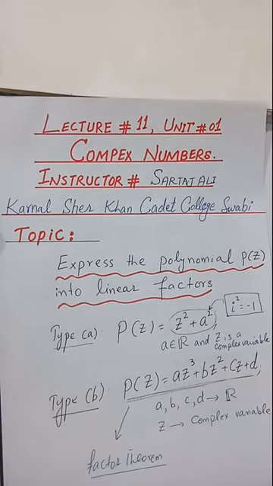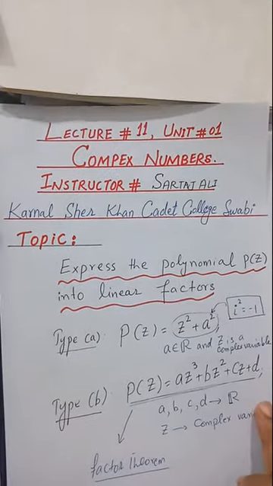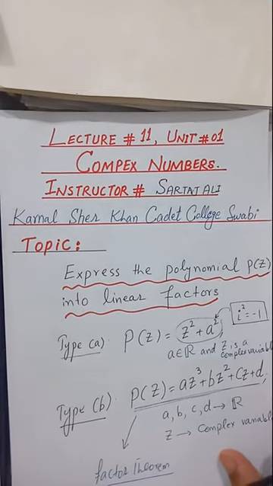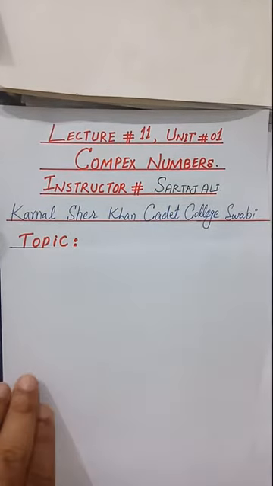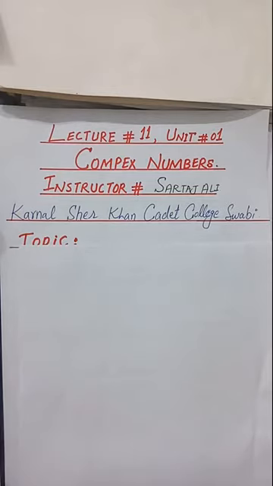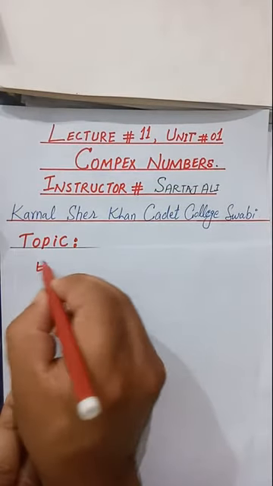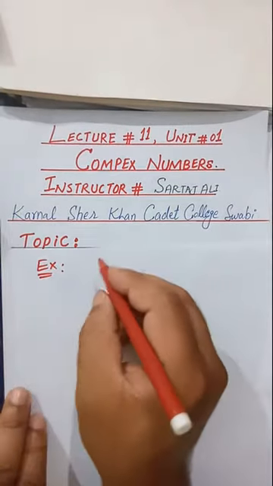We will use the factor theorem to convert it into linear factors. We discussed that in detail in the previous video lecture. I am considering example number 17, which is given on page number 22 of the textbook.